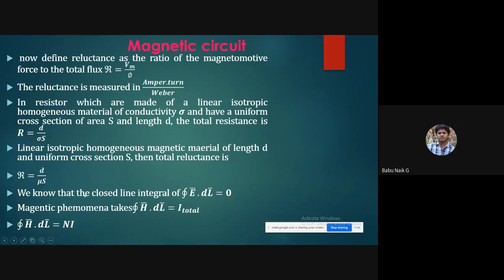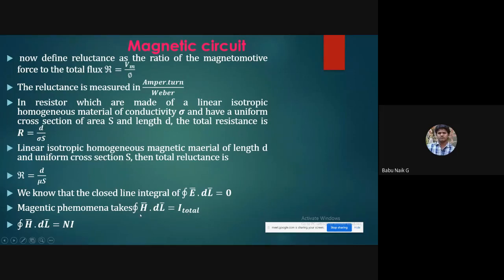Further, we can also calculate the closed line integral for the complete circuit, which is closed E bar dot dl equal to 0. That is the closed line integral for the complete material. In a similar way for magnetic phenomena, closed H bar dot dl is equal to I, where current is flowing through the wire and producing the magnetic field.